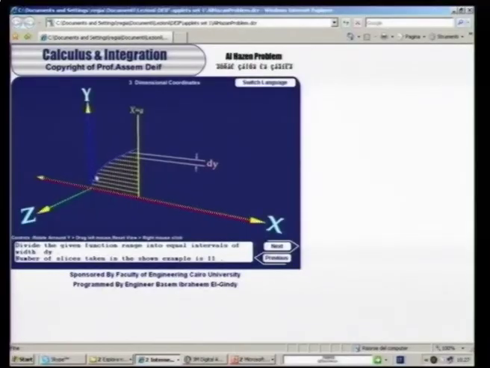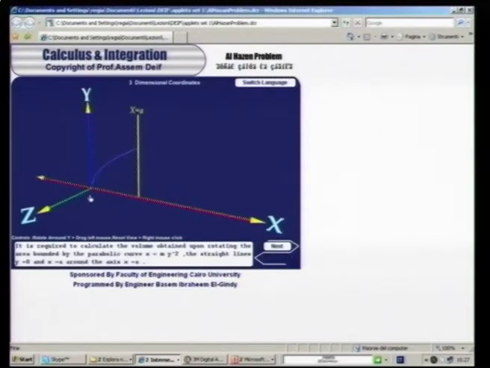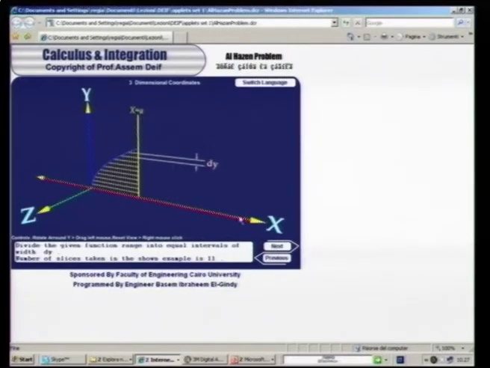So what he did, he wanted to calculate the volume of rotating a parabola around this axis here. This is his region. So he subdivided it into small horizontal laminae, and then he summed up.